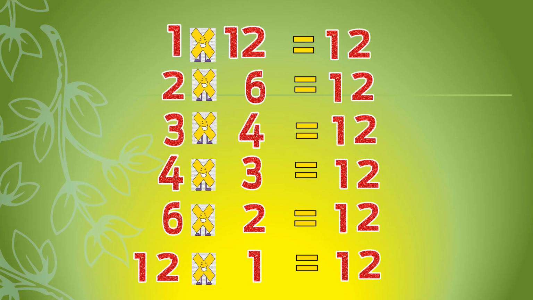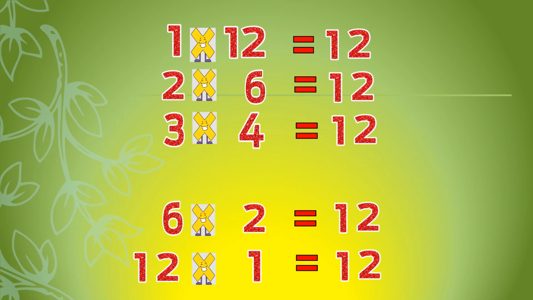Here children, note one thing that 3 times 4 is same as 4 times 3. Similarly, 2 times 6 is same as 6 times 2 and 1 times 12 is same as 12 times 1. So, the similar combinations can be removed to find the factors easily.